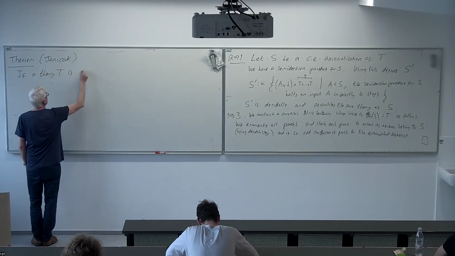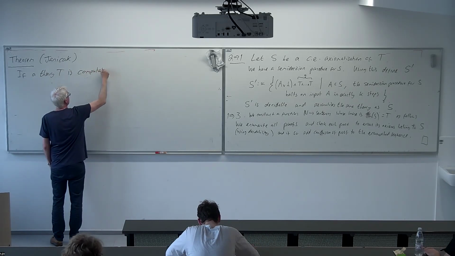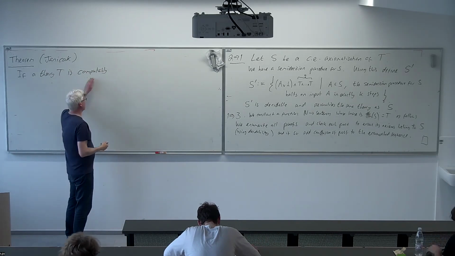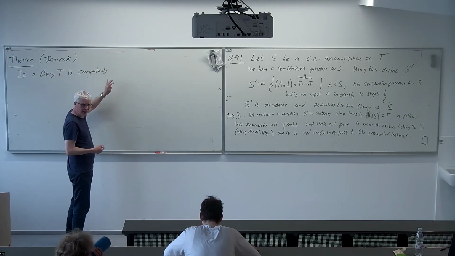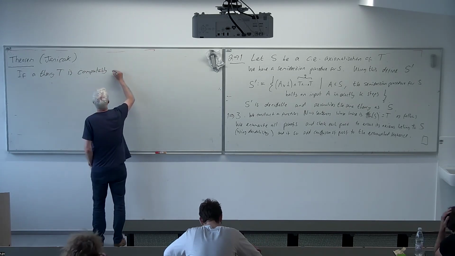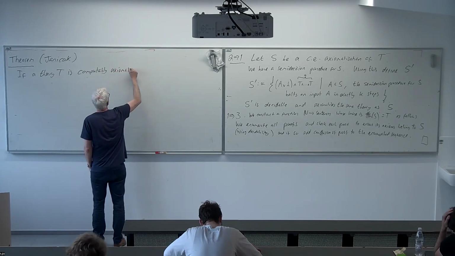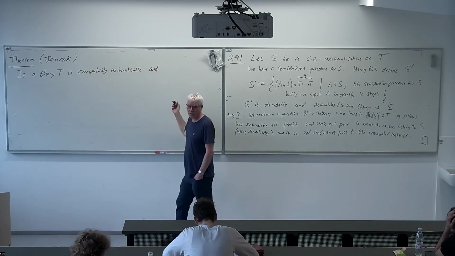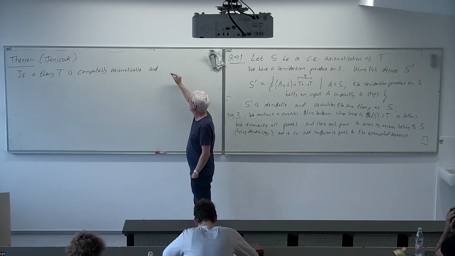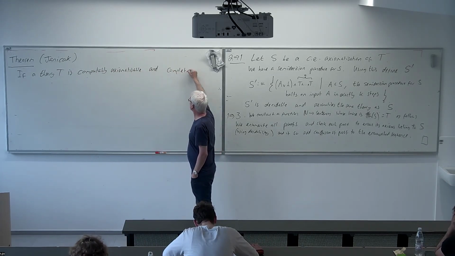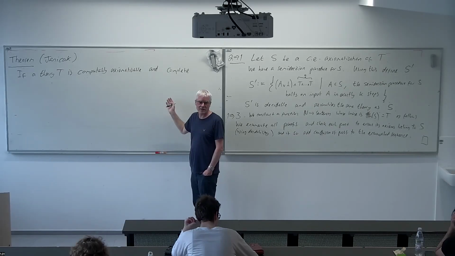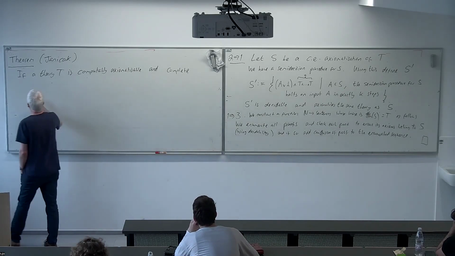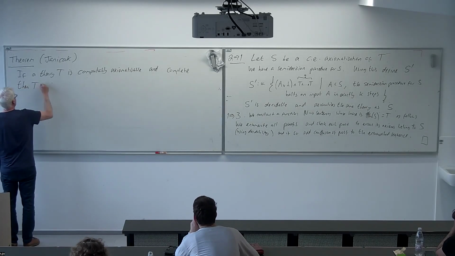T is computably axiomatizable, again we could say equivalently computably enumerable, but in practice it tends to be easy to show that by coming up with a computable axiomatization, and there's one more property, complete. Remember, complete means that for every sentence, either the sentence or its negation belongs to the theory, then T is decidable.